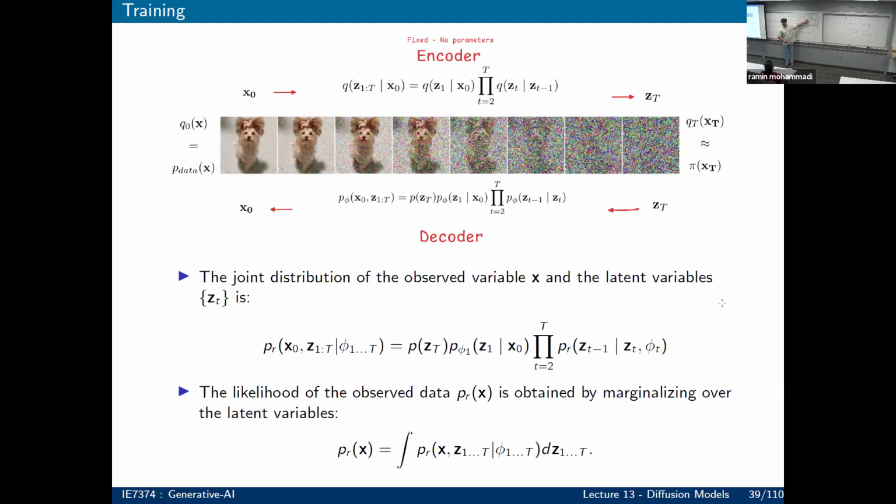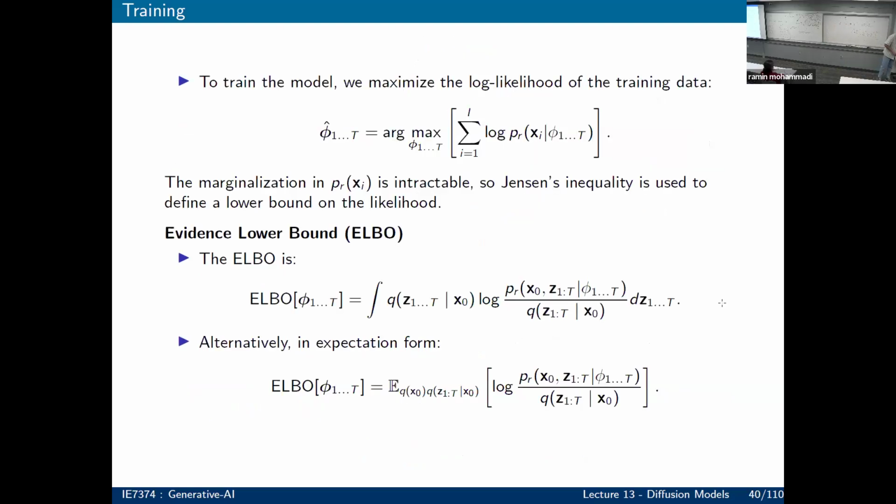If you denoise an image that looks real, the probability of this should be large. So you do a log likelihood, right? Actually L here is across all images. Sorry, i from 1 to L is all possible images that you have.